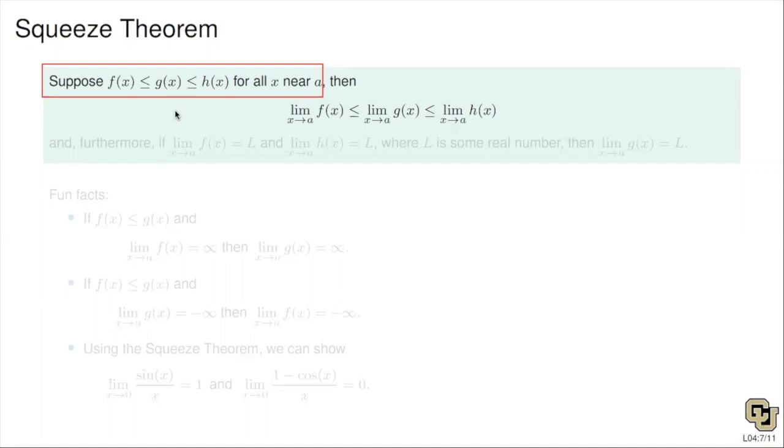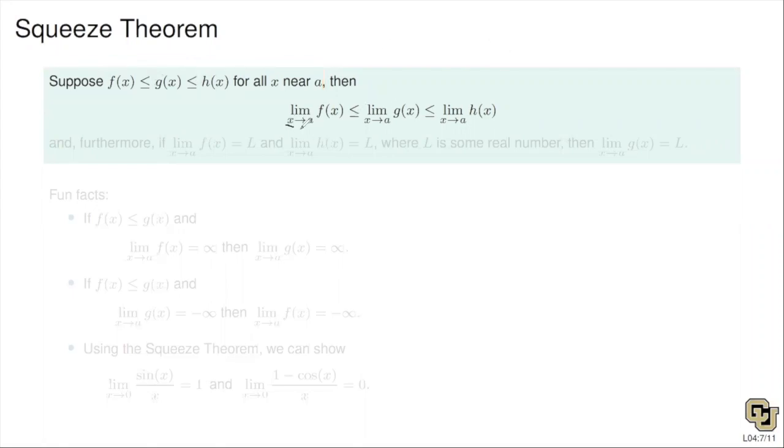That is, if f is less than g and g is less than h, then the limit of f will be less than or equal to the limit of g, which will also be less than or equal to the limit of h. For this inequality, all I did was slap on limits. I just followed the exact same inequality and put a limit on each part.